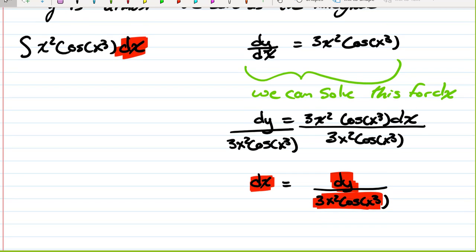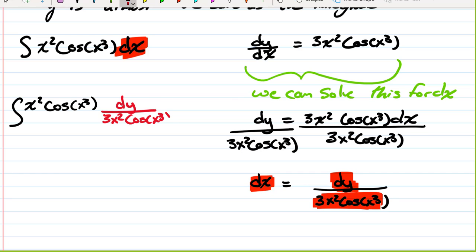We substitute this into our integral. We have the integral of x squared cosine x cubed, and then we substitute in our dx, which is now dy over 3x squared cosine x cubed, and a miracle happens.